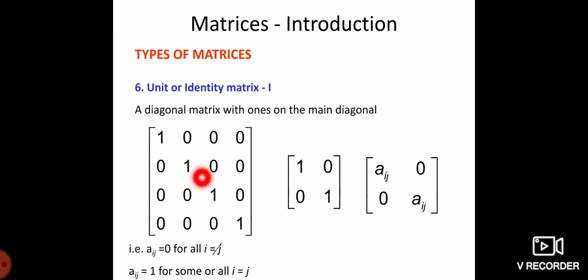The condition is that in a unit matrix the diagonal elements are always 1 and the non-diagonal elements are 0. This matrix is of order 4 by 4. First, this matrix is a square matrix, the diagonal elements are 1 and the non-diagonal elements are 0. That is, Aij is equal to 0 for all i not equal to j, and Aij is equal to 1 for all i equal to j.